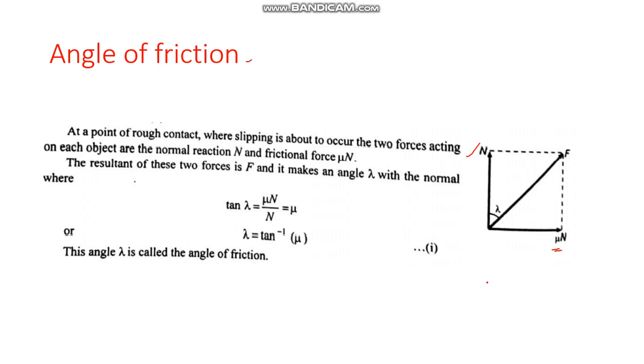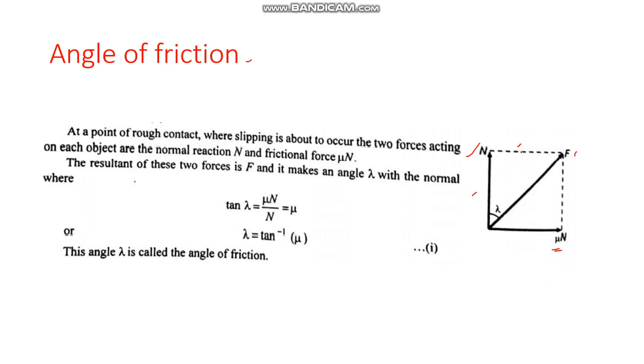You have to find the normal reaction, and with respect to the normal reaction you have to always write the angle of friction. So here you have two forces, and F is the resultant force. You can apply tan: tan lambda will be equal to opposite by adjacent. If this is lambda, this is the opposite side, this is the adjacent side.